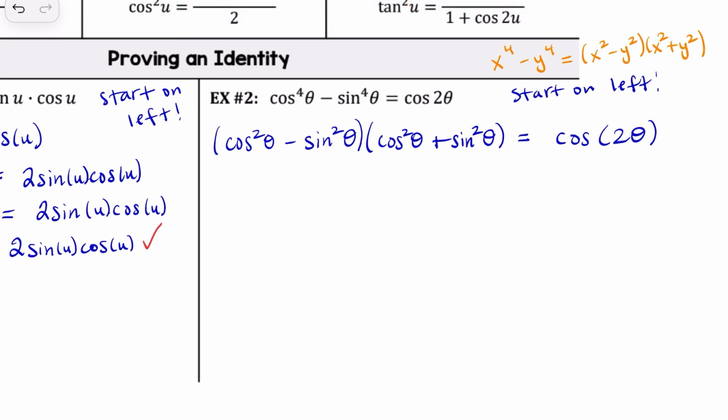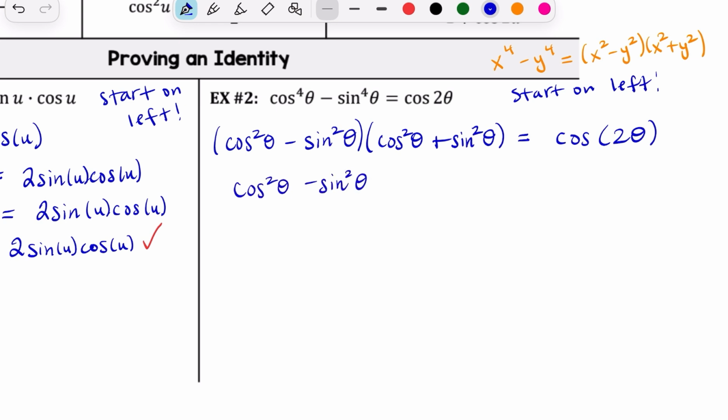Well, lucky for us, right? We know cosine squared plus sine squared is one of our Pythagorean identities. That expression is equal to 1. So this becomes cosine squared theta minus sine squared theta, and this second factor is all equal to 1. And so then now we have cosine squared minus sine squared.